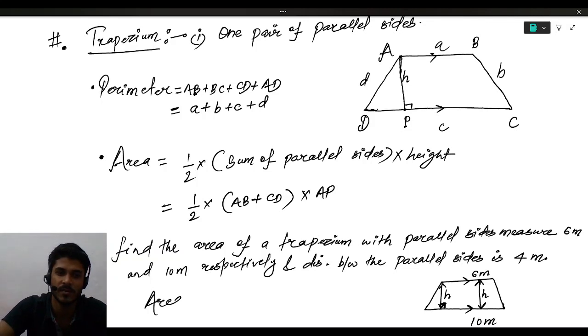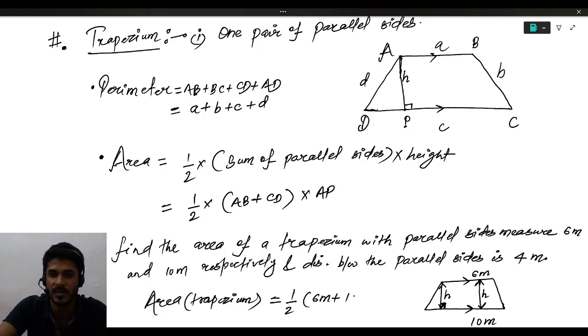Area of trapezium is half into sum of parallel sides. The parallel sides have the measurements 6 meter and 10 meter, and we have to multiply it with height. Height has the value 4 meter.